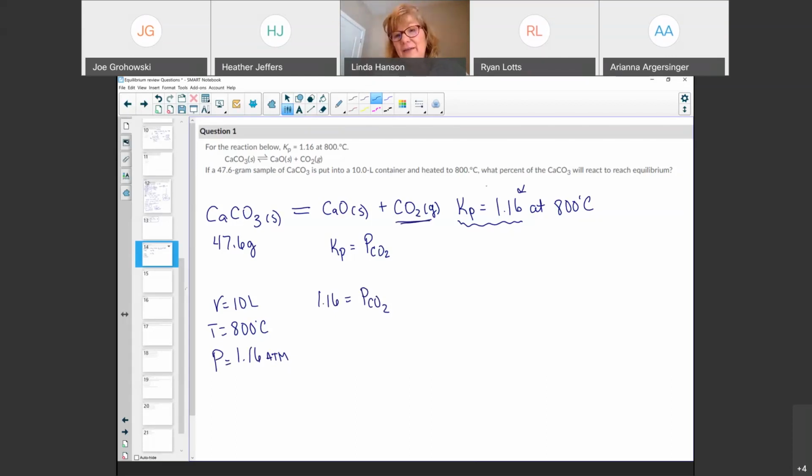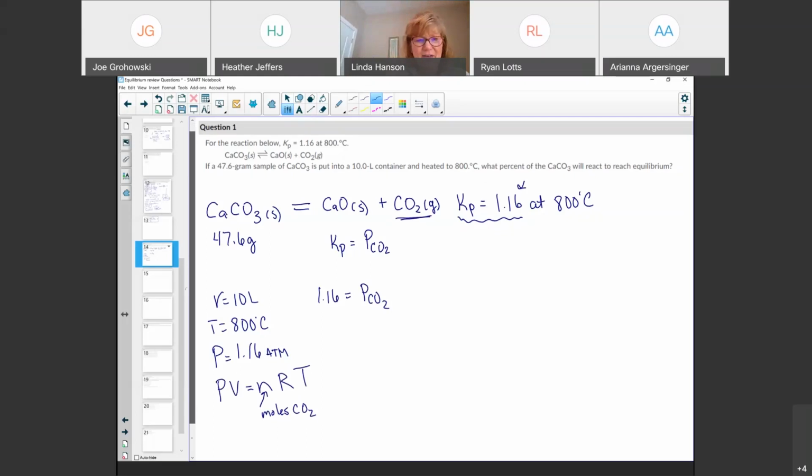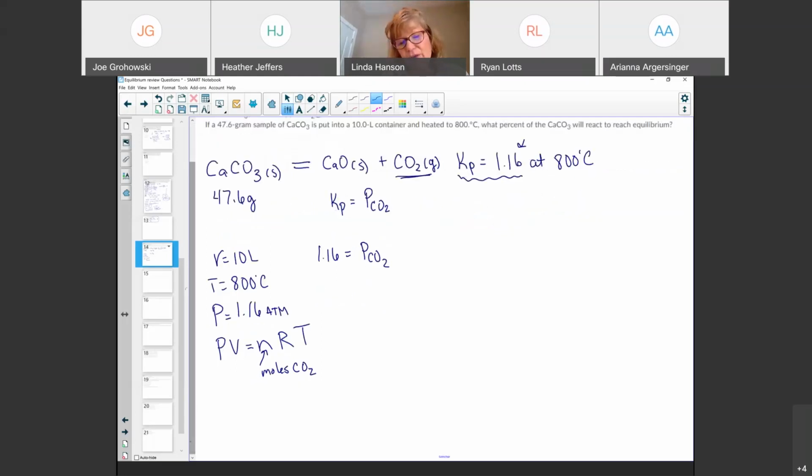It's giving me the pressure of carbon dioxide at these conditions. What we can use is the ideal gas law, PV equals nRT, and solve for the moles of carbon dioxide present, and then do a little stoichiometry to find out how much calcium carbonate was consumed to create that pressure.